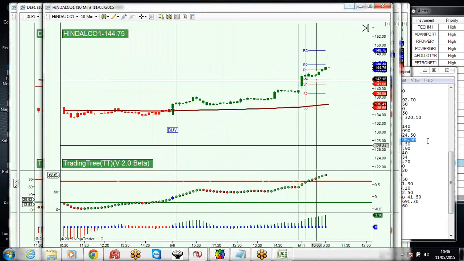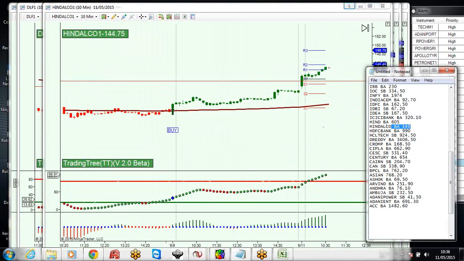So Hindalco, 140 was our buy. It's 144 now, 144.75.